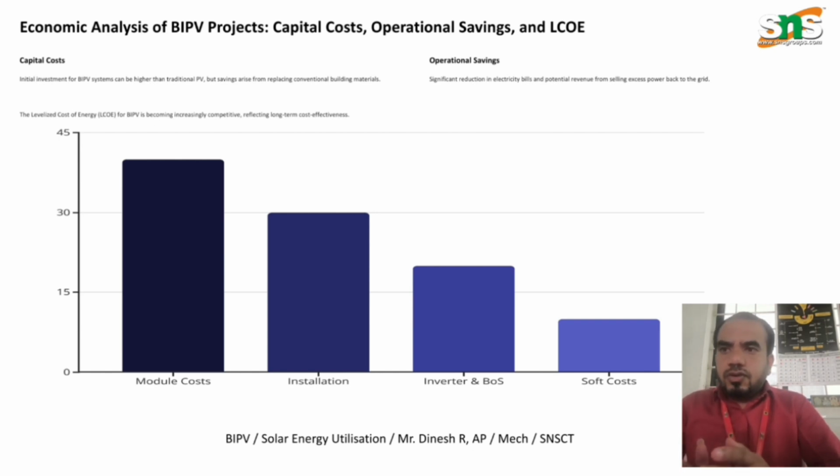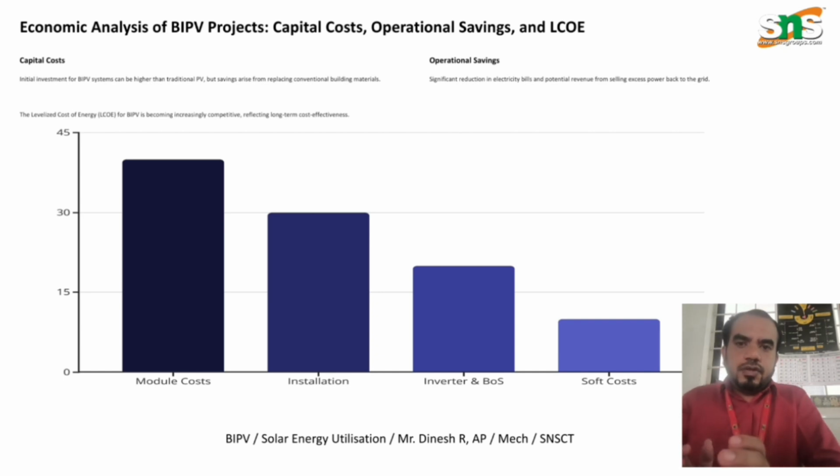As we see in this graph, we can clearly identify the capital cost, operational cost, and LCOE cost. The module cost is high, and the cost will decrease drastically for the installation, inverter, BOS and soft cost.